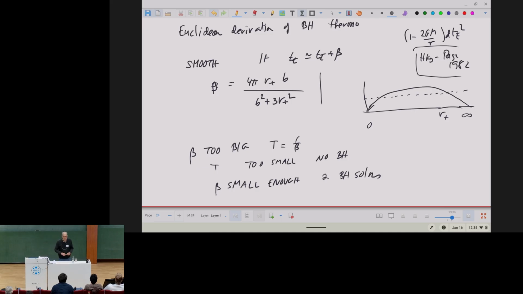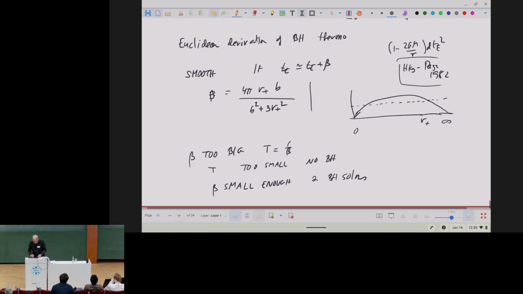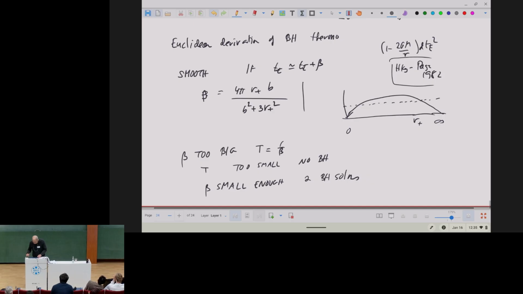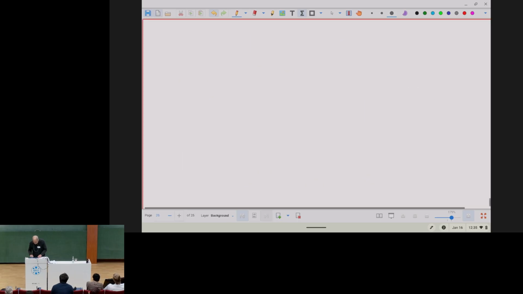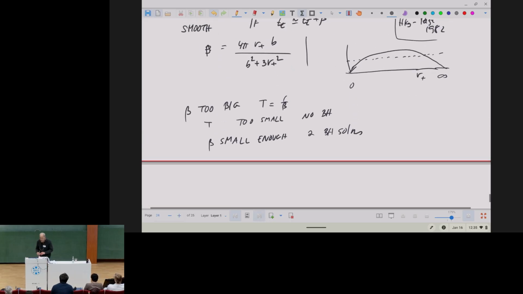So since that's the case, with 2 solutions, you'd want to know probably which one has smaller free energy. But what actually happens here is that one of the 2 solutions is thermodynamically unstable and the other is thermodynamically stable. You can guess which one should be unstable as follows.